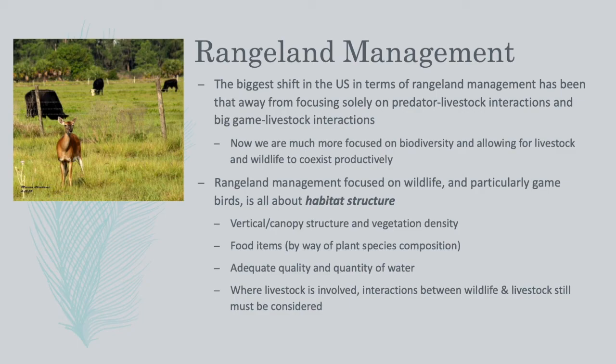So we want to focus on the food items that are available. That's part of habitat structure, and that is related to the plant species composition. Species composition refers to what percent of little bluestem, what percent of Kentucky bluegrass, what percent of big bluestem, what percent of smooth brome makes up my plant community.